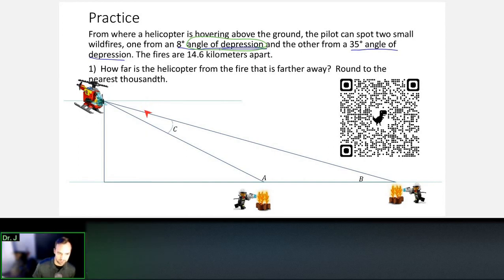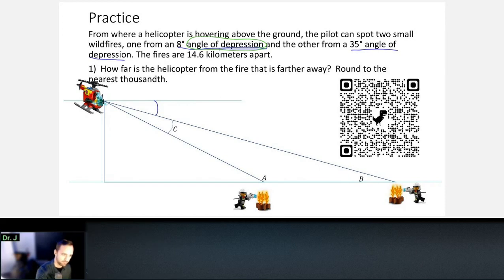All right, so this angle right here, let me get my little pin out. This angle is what? 8 degrees, because it says there's an 8-degree angle of depression to one of the fires.